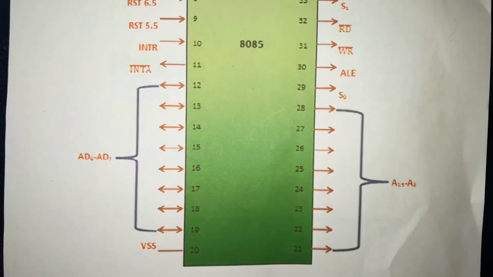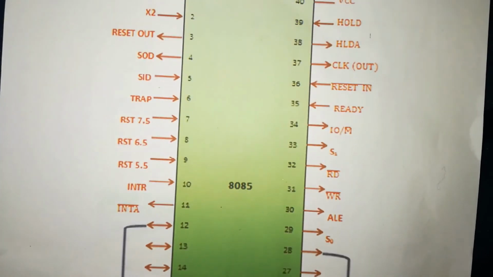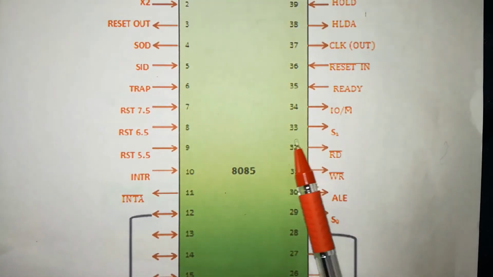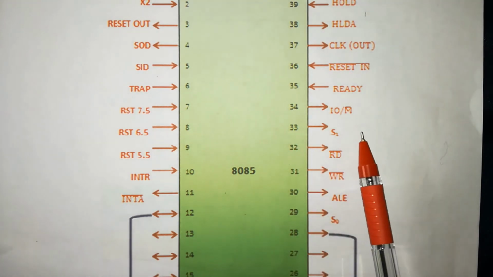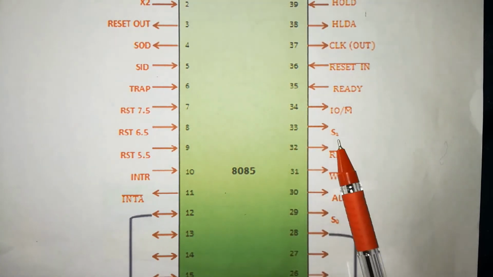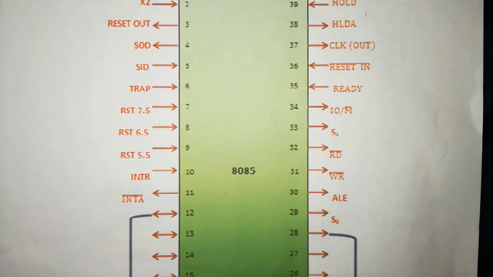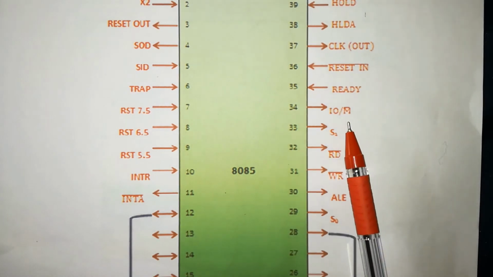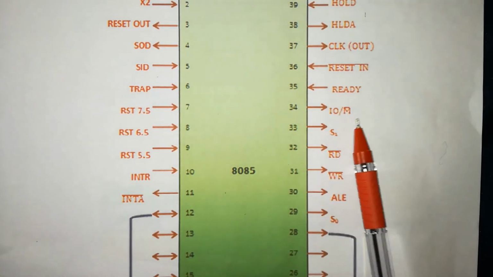The next signal is S0, that is pin number 29, and pin number 33 is S1. So S0 and S1, these are control signals. These are related with IO bar, input, output or memory related.